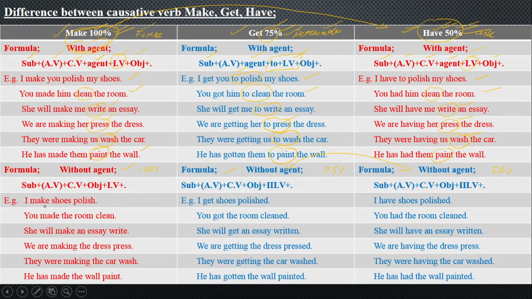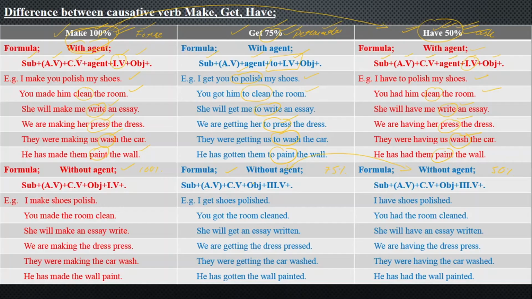Now here we have got just one difference. In the sentences of causative verb, with make we only use first form of the verb, but in causative verb get without agent we use third form of the verb, and in have as well we use third form of the verb, and agent is removed.